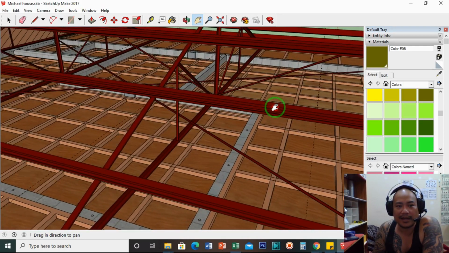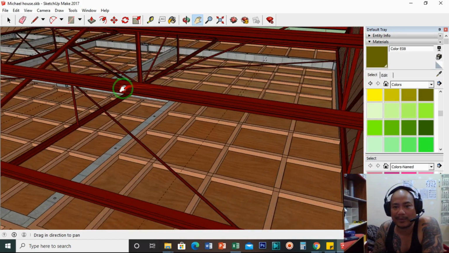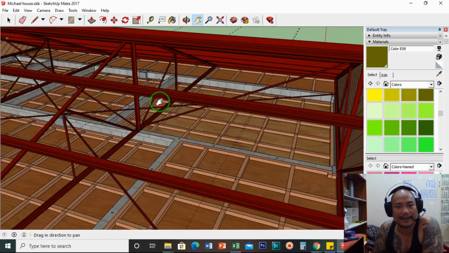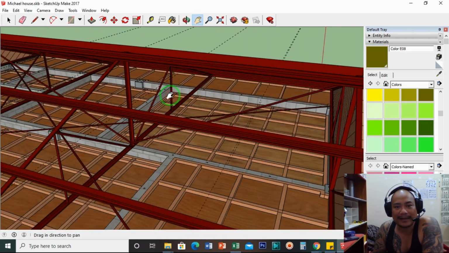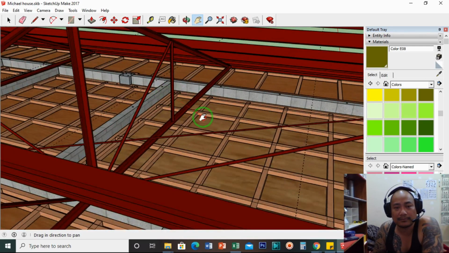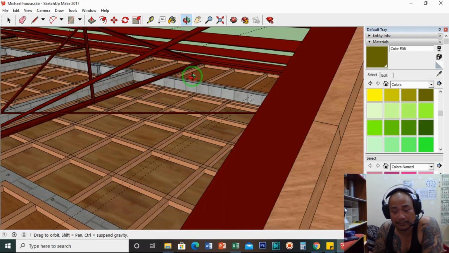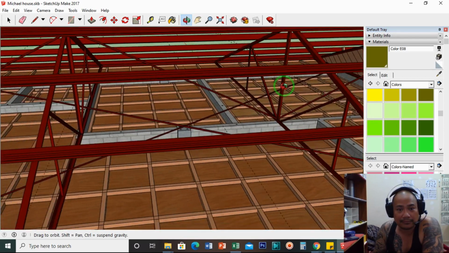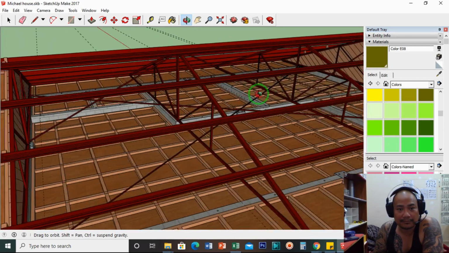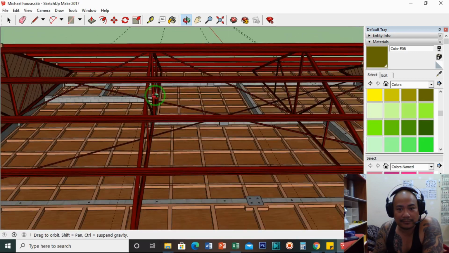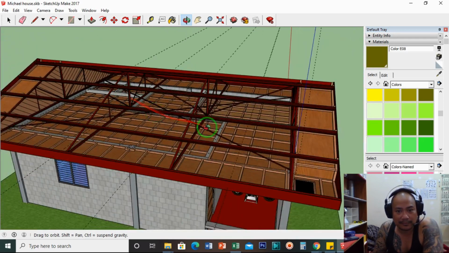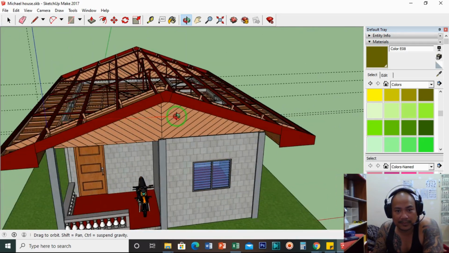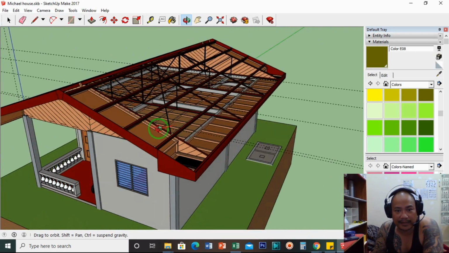But in the X braces and diagonal braces, I'm using only the cabilia. See the other side.